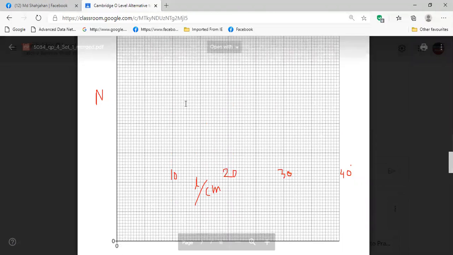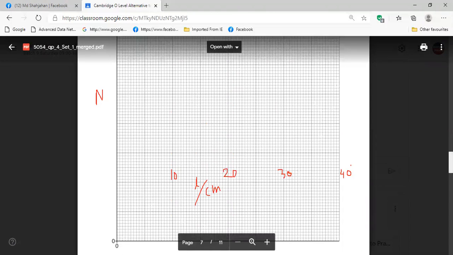Sir, can we use 10 small boxes for 1 centimeter? Yes, that one we are saying, each of the big squares we will use as 10. Here 10, then 20. This way we will go to 70.